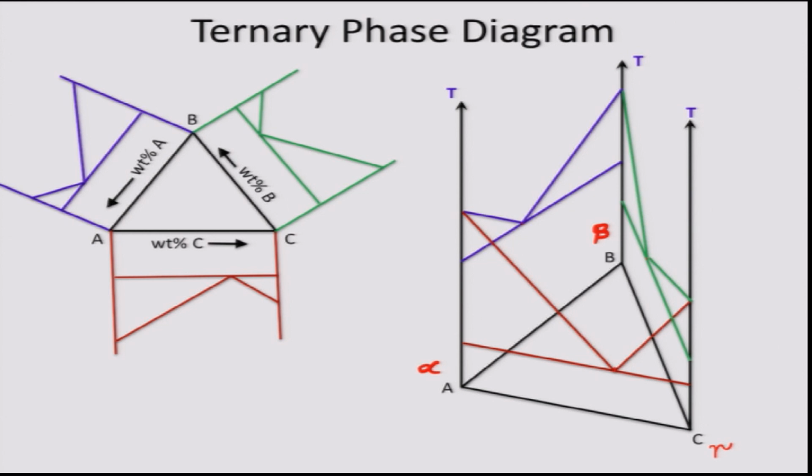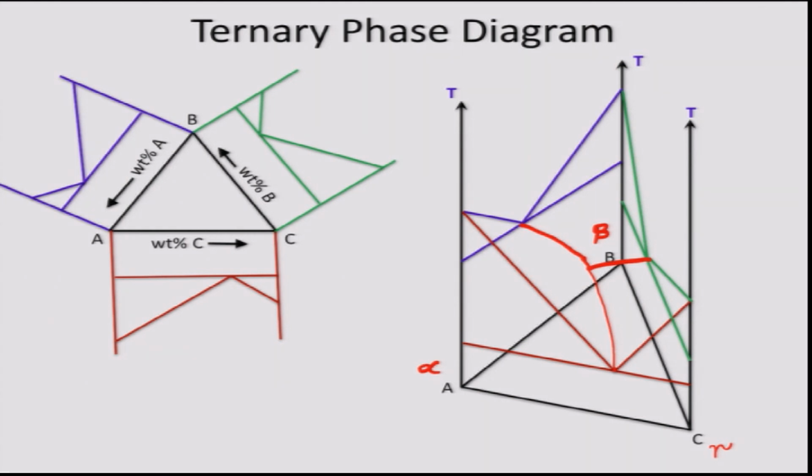So, if we extend the liquidus of all the binary phase diagrams into the ternary composition range, then it will form basically the liquidus surface of the ternary phase diagram ABC. So, if I roughly do this, I can extend this; this is basically the liquidus surface.